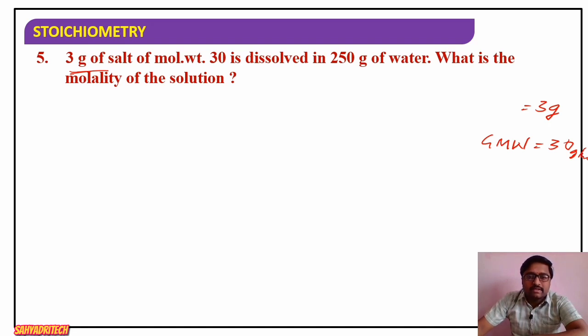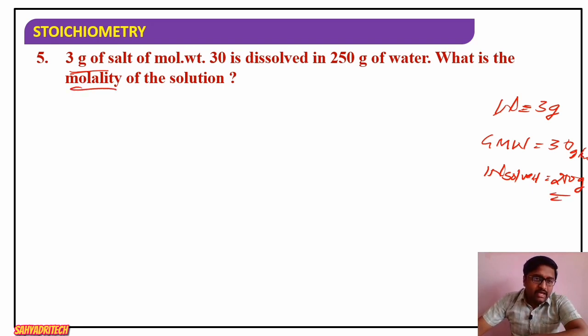The salt is nothing but the solute. So 3 gram of that salt of molecular weight 30 is dissolved in 250 gram of water. What is this 250 gram? It is the weight of solvent.